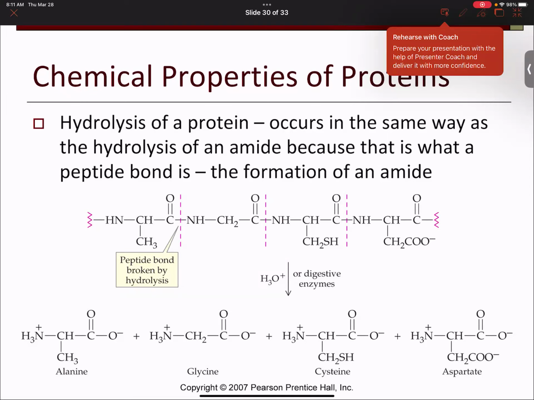Are there any problems in the textbook that set it up like this that we can practice over? Yes, I'm sure there are. So let's see. Under the chemical properties of proteins, page 588, it talks about some of these processes.